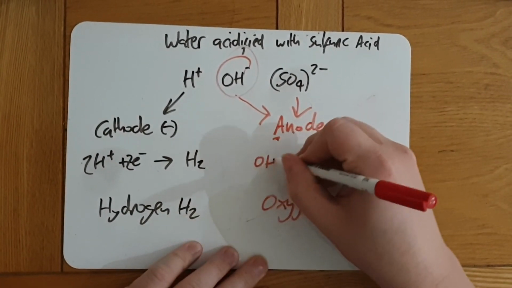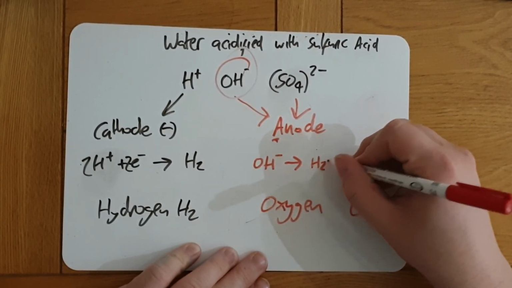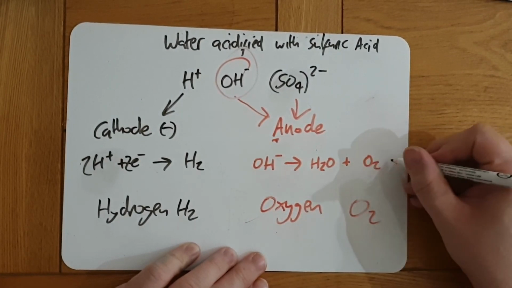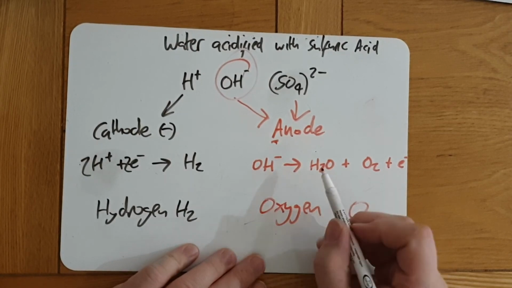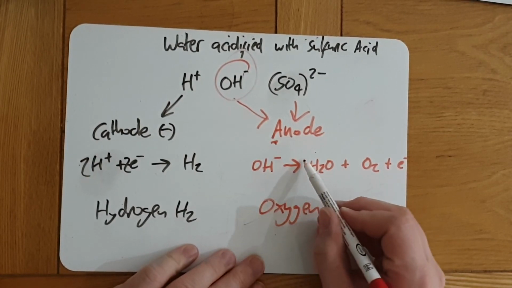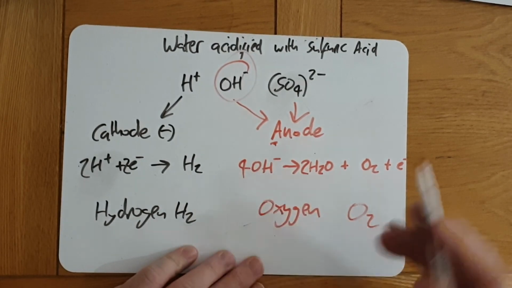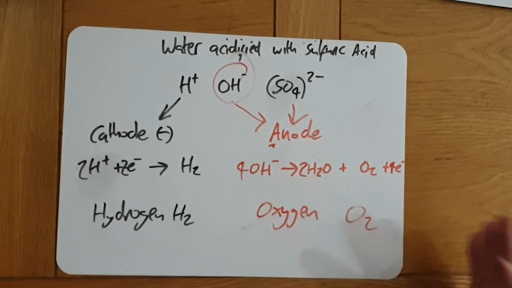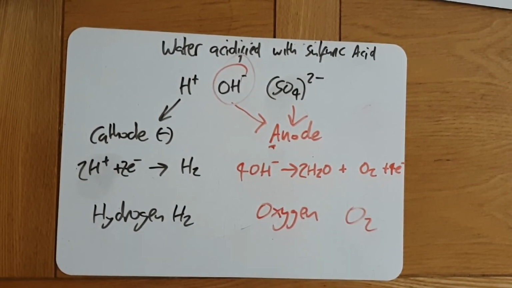So you've got OH minus, and we make water, H2O, and O2, and it's had to lose electrons, so it's lost an electron there. And then we need to balance it, which means we need 2 of these, 4 of these, and then we've got 4 minuses, so we must have a 4 there. And that's it. That is electrolysis of solutions. Well done for sticking with it.